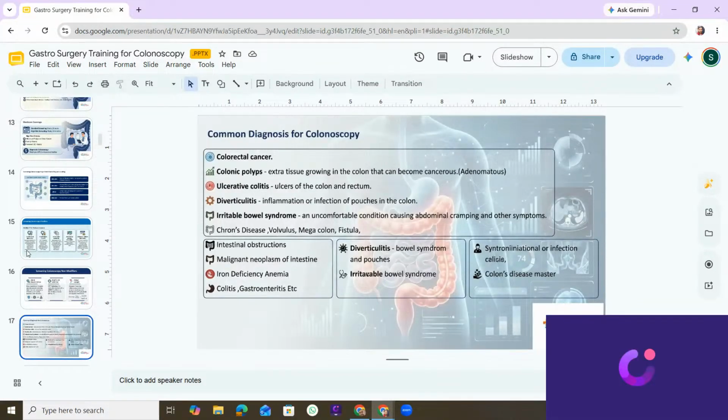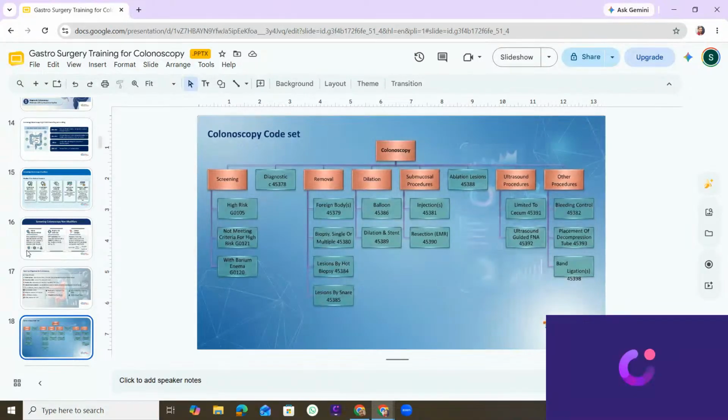All these conditions are related to the digestive system.